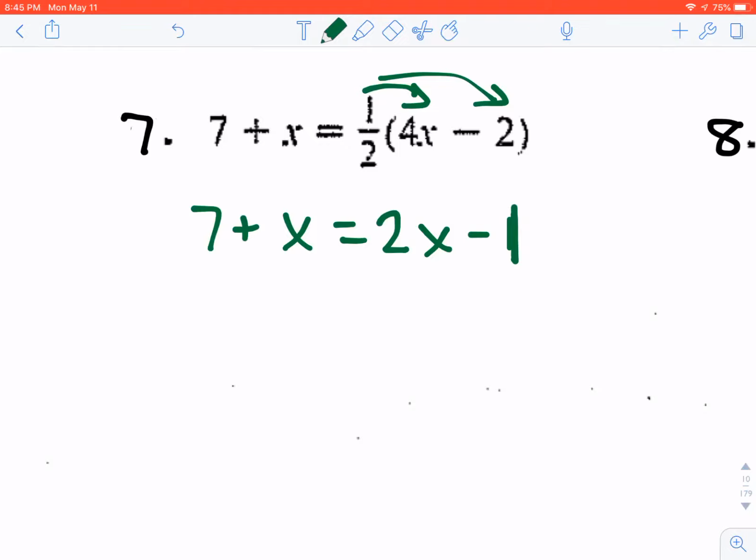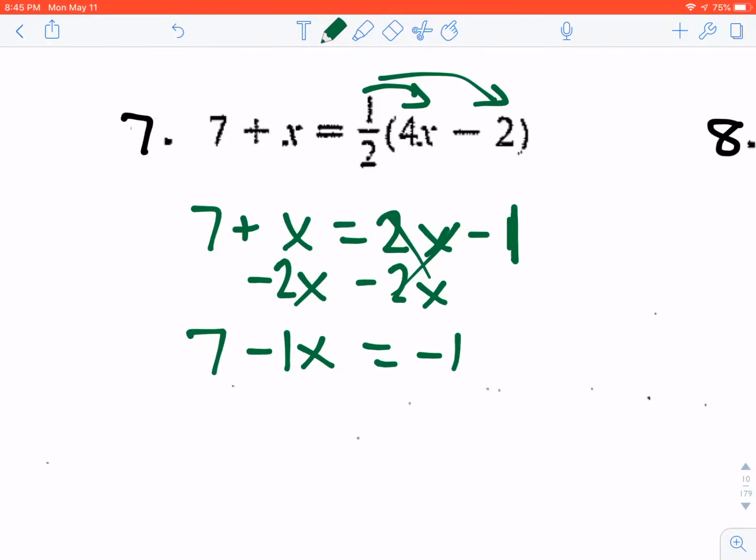You don't have to clear anything. There's no like terms on this one. So your next step should have been to move your x to the left. Drop down your 7. 1x minus 2x is -1x. Drop down your equals -1. You then should have moved numbers to the right.